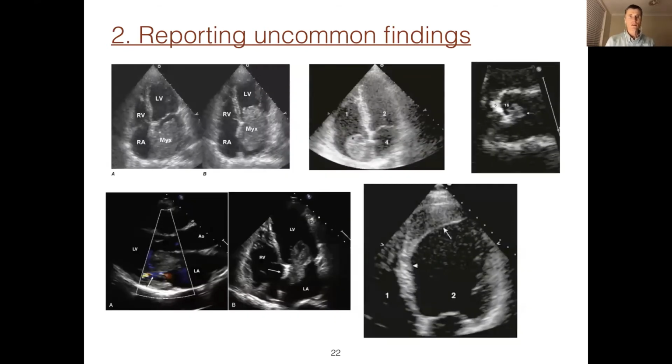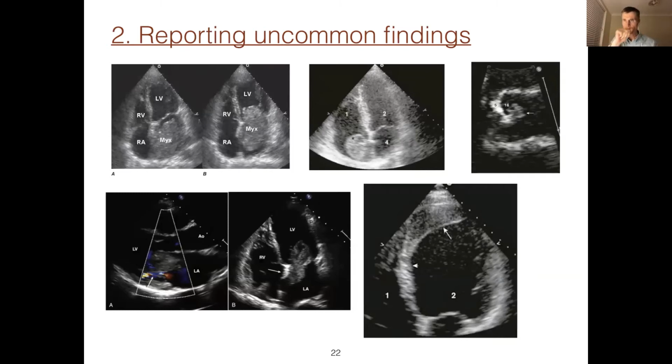The one other thing that's perhaps uncommon, but important to describe well, is if you see a cardiac mass. And what I want to highlight is that you can see a mass in any of the chambers of the heart.